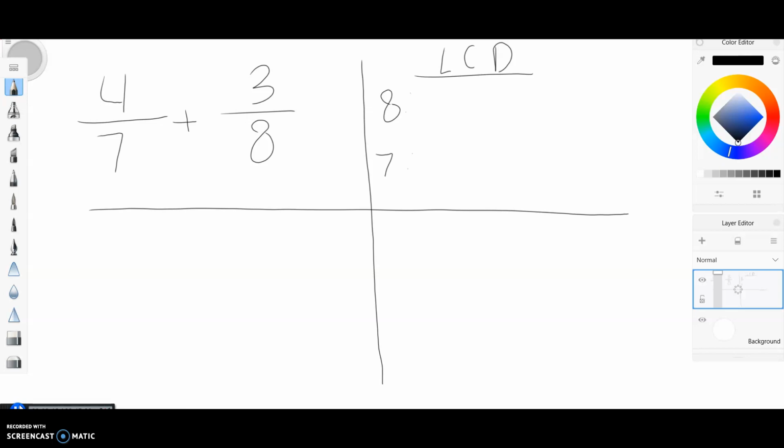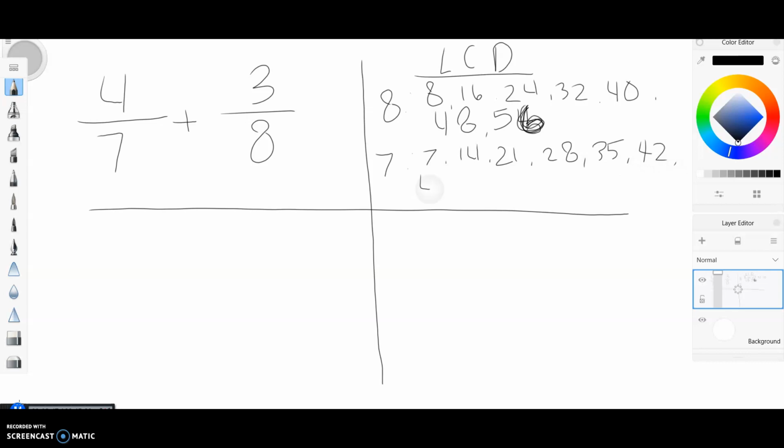Alright, so how about I show you the multiples for 8. We have 8, 16, 24, 32, 40, 48, 56. And we'll stop right there for this one. Then we have 7, so we have 7, 14, 21, 28, 35, 42, 49.